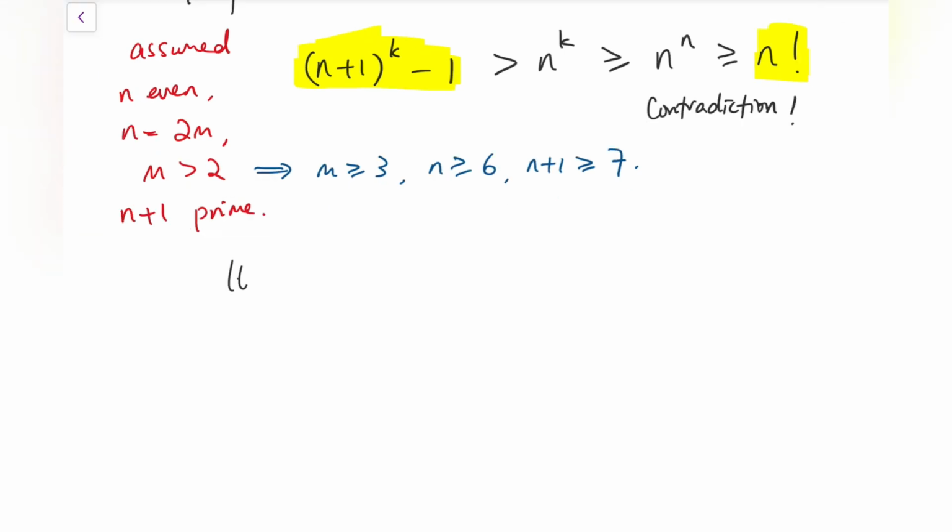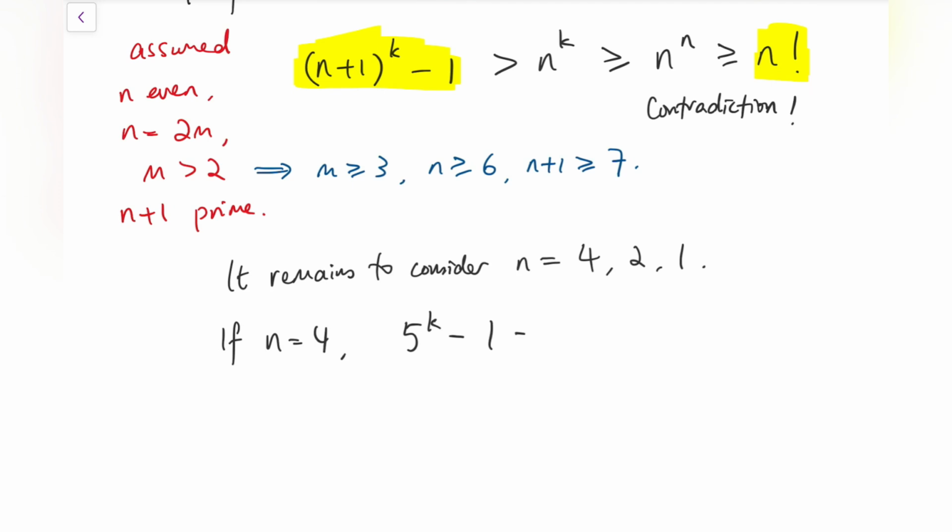So it remains to consider the cases n equals 4, because n plus 1 is 5, and so on. So n equals 4, 2, or 1. Now if n equals 4, then 5 to the power k minus 1 equals 4 factorial, and that gives k equals 2.